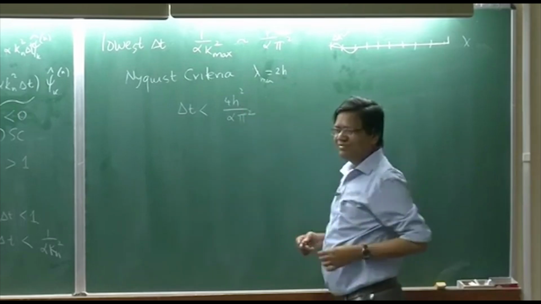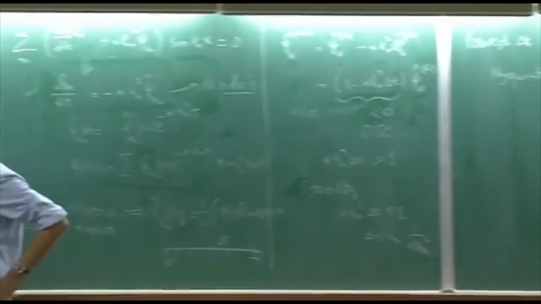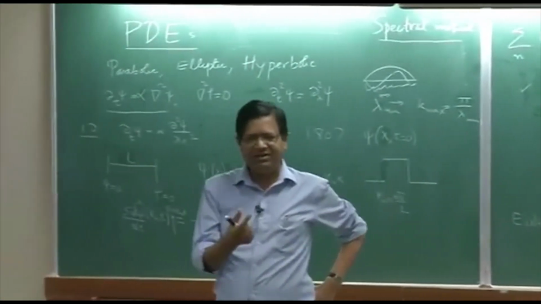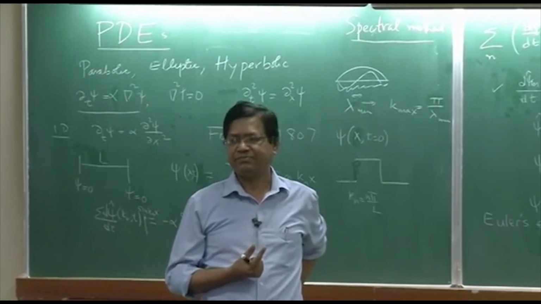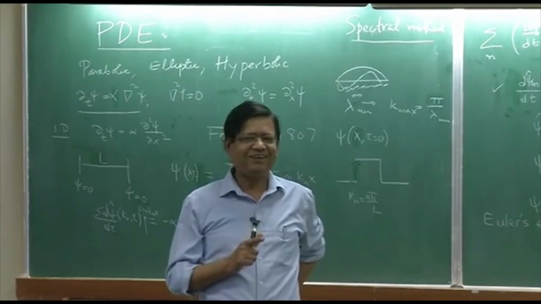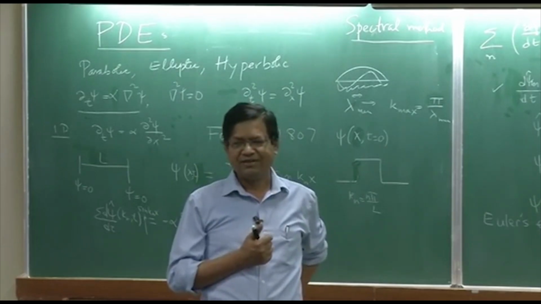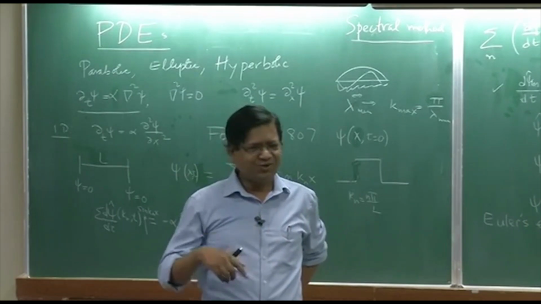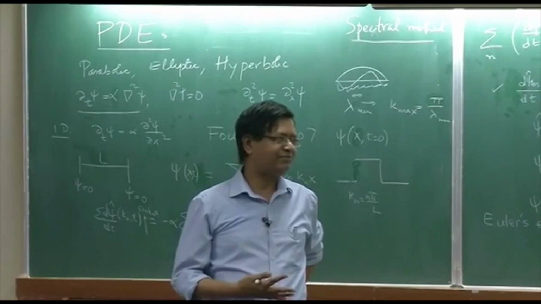From this I am getting a clue what should be my delta t for my partial differential equation solver, and what should be my delta x. This is very critical for all the projects. You have to be very, very clear what should be my delta x and what should be my delta t. If you don't choose it well, your code will blow up, it will oscillate, it will misbehave, it won't work.